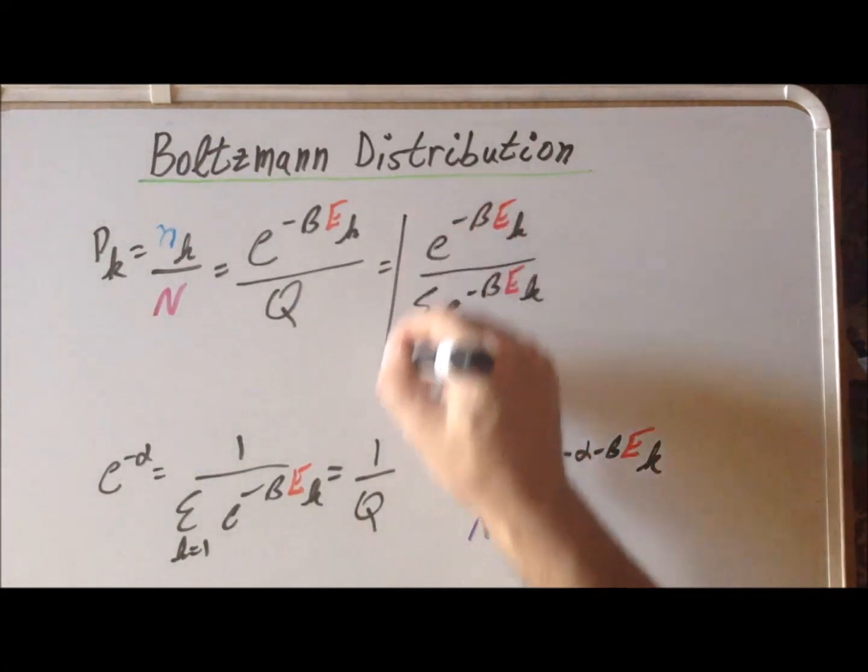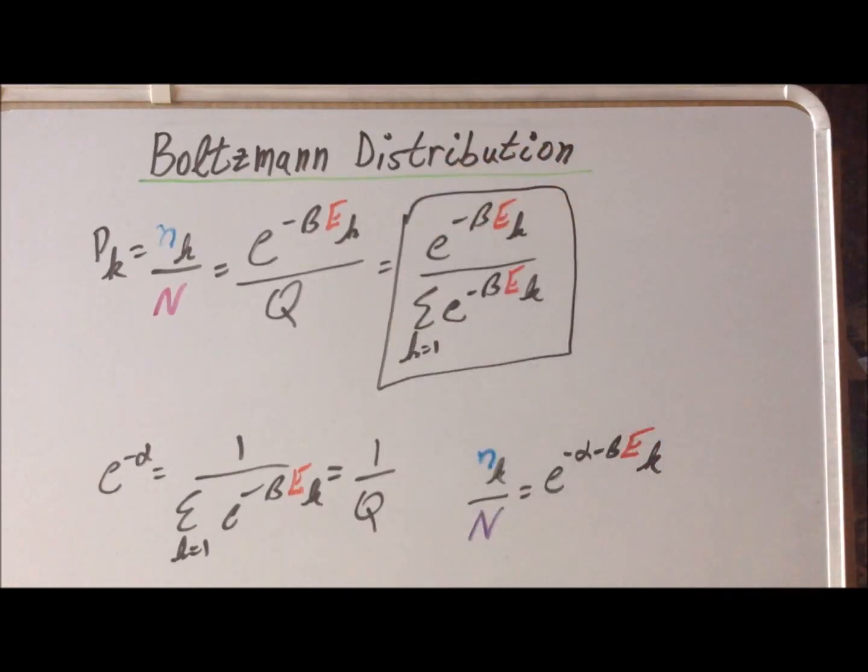And this particular relationship here is what we call the Boltzmann distribution.